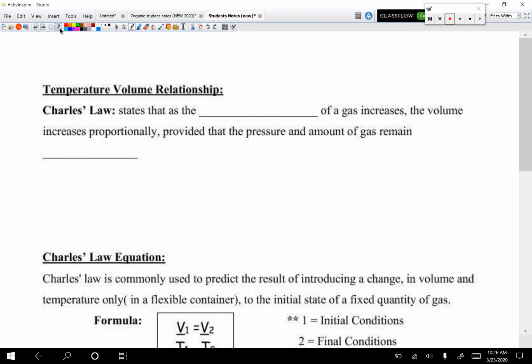So now that we have that out of the way, we can look at our temperature and volume relationship, which is something called Charles' law. Charles' law states that as the temperature of a gas increases, the volume of the gas increases proportionally as well, provided that the pressure and the amount of gas remain constant.